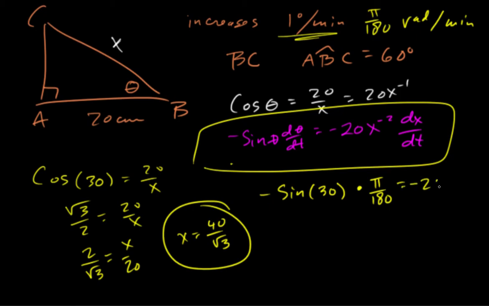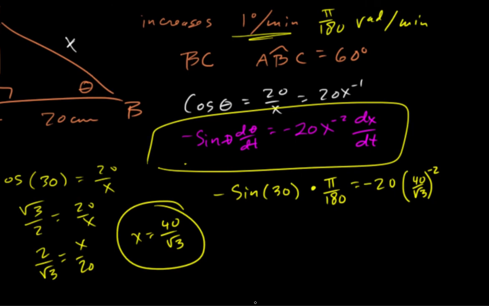And we have negative 20, and then we plug in our x value. And we still have dx/dt. Okay, so sine 30 is going to give us 1/2 from the unit circle times pi over 180.